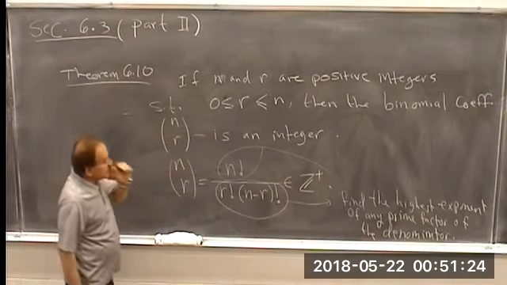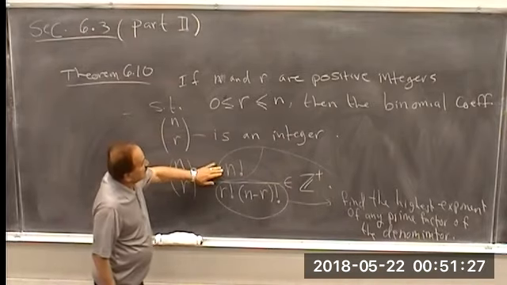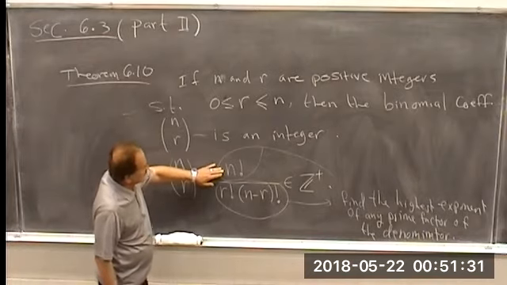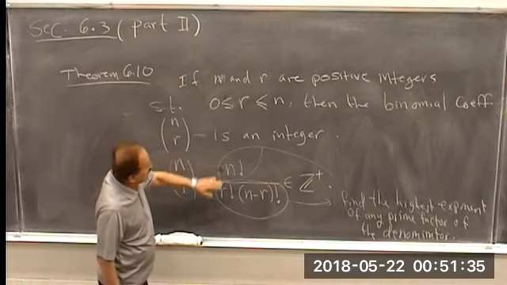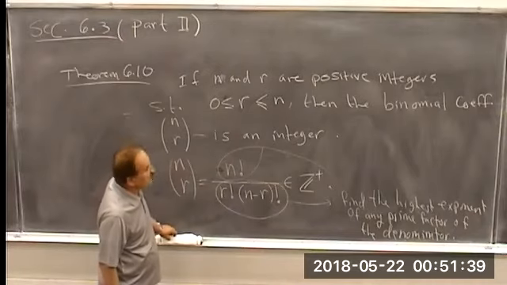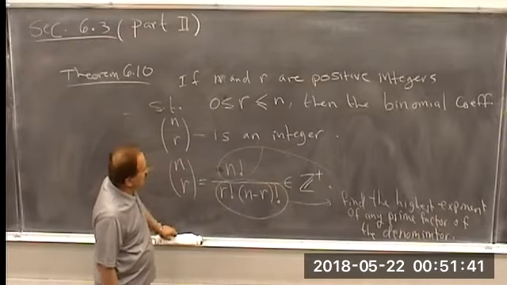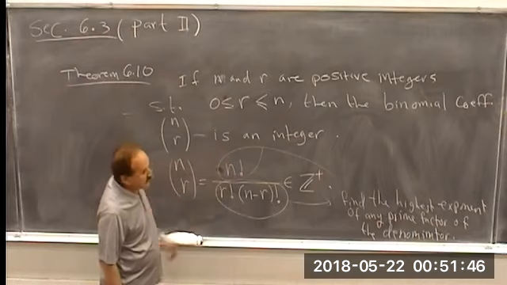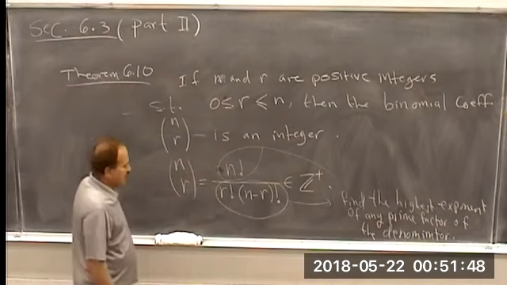Of course, if the highest prime exponent of the numerator is greater than or equal to that of the denominator, and this is for every prime factor, then this is going to be an integer. Means they would cancel out and we end up with actually an integer at the end.